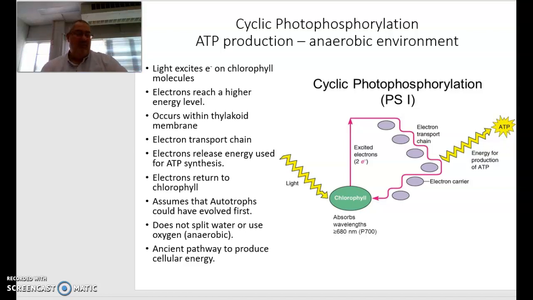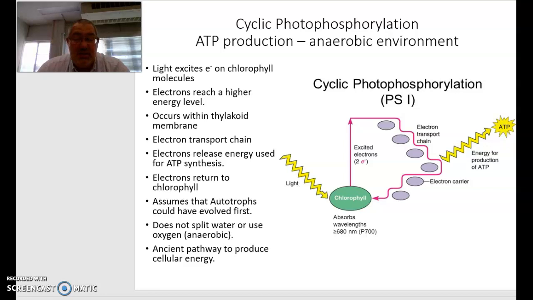Light energy, photons of light energy can be absorbed by these pigments, and when the energy is transferred to chlorophyll A, some of the electrons within the chlorophyll molecule can become excited, and they leave the chlorophyll molecule, where they are then passed into a set of membrane proteins where the electrons then lose their energy so they can return back to the chlorophyll molecule.